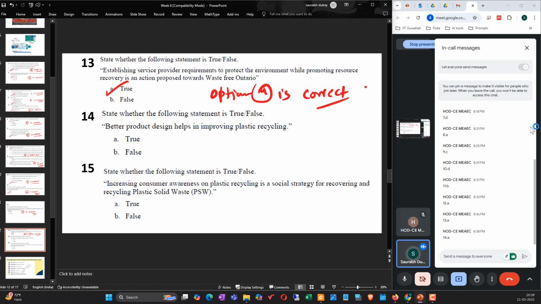So that was discussed in the lecture. If a product is made mostly from thermoplastics, then it could be recycled easily. And if it is made from a pure single material, not from blend polymers, then it is more easily recyclable. But if it is made from the blend, then it becomes difficult. If it is from thermosets, then there are some kinds of difficulties, right? So that is correct.